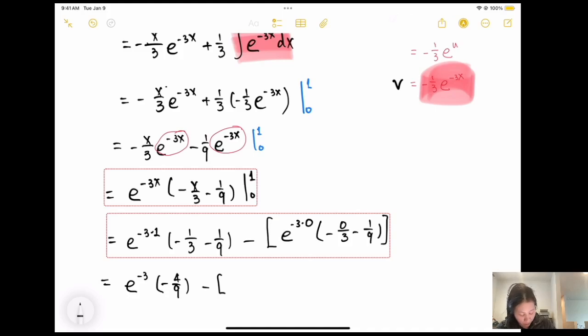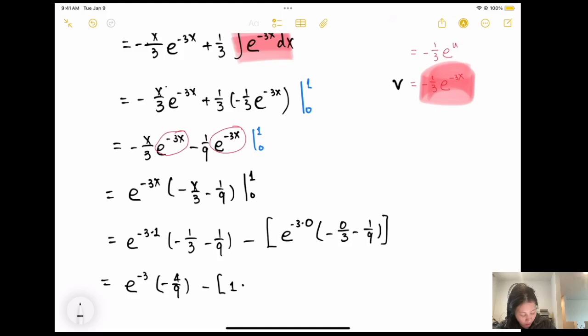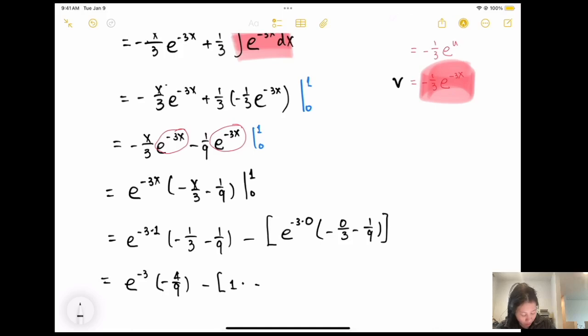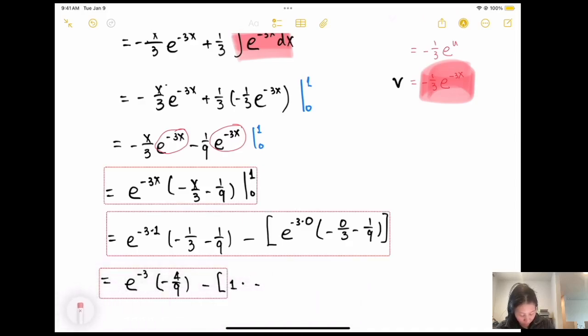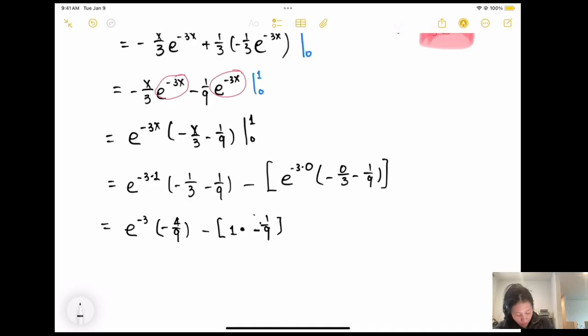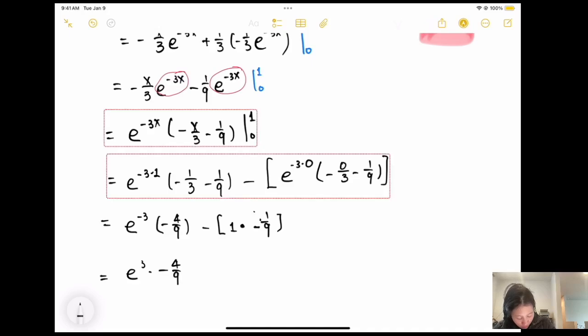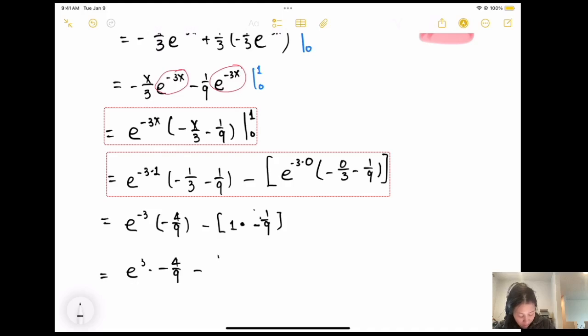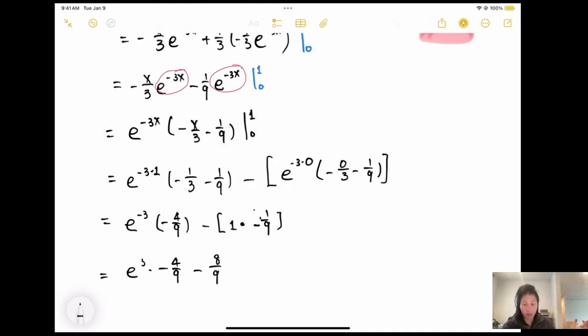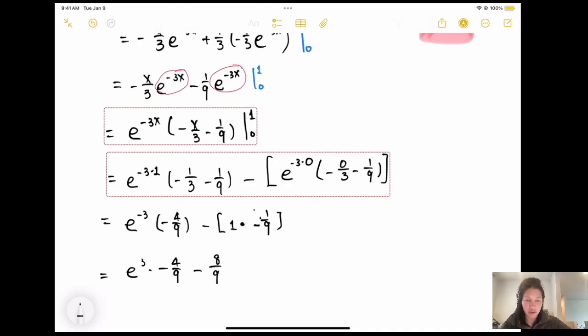So whatever is inside the parentheses is going to be 0 minus 1/9. Simplify, I have e to the negative 3 times negative 4/9 minus 1/9. That would be my final answer.